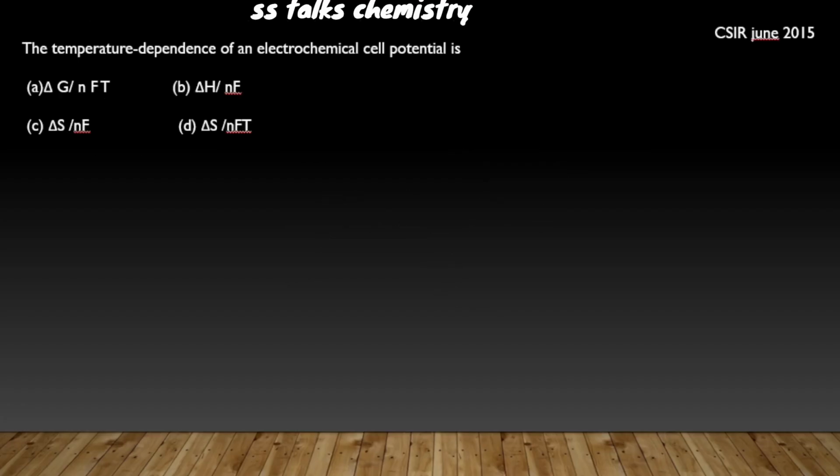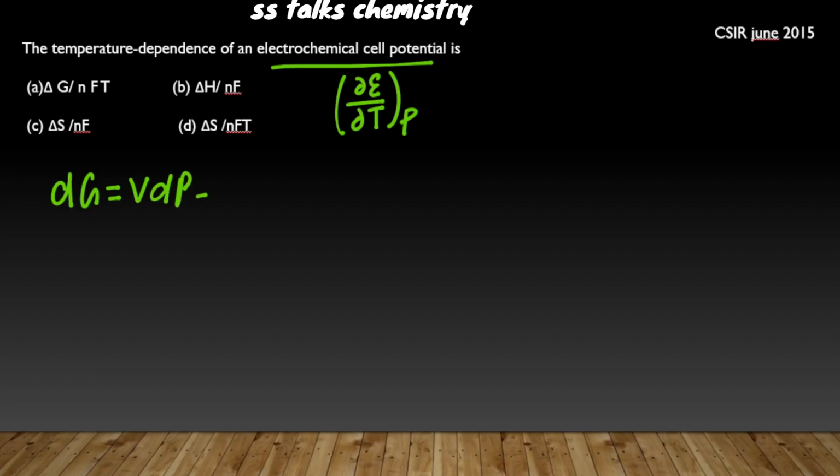Okay, next this one now, the temperature dependence of the electrochemical cell potential. That means del E, the variation with the temperature, you have to see at constant pressure. Now we know that dG is VdP minus SdT.